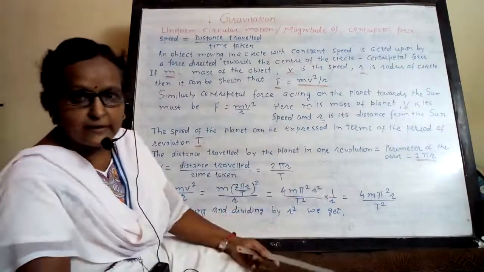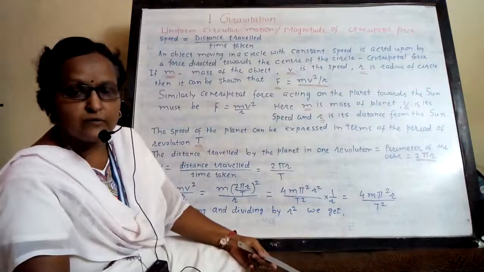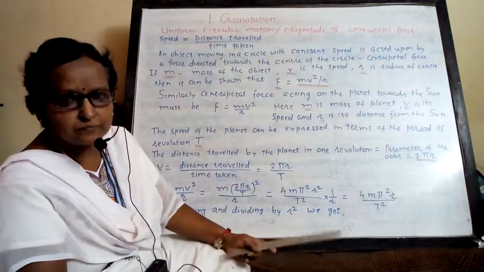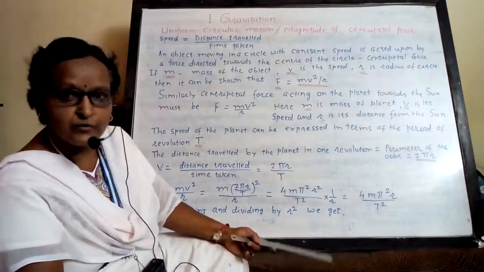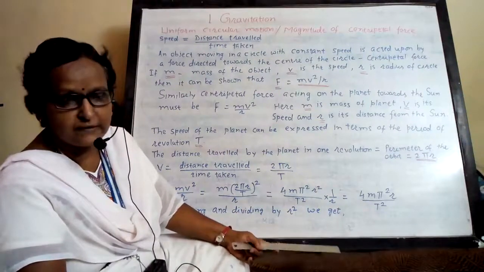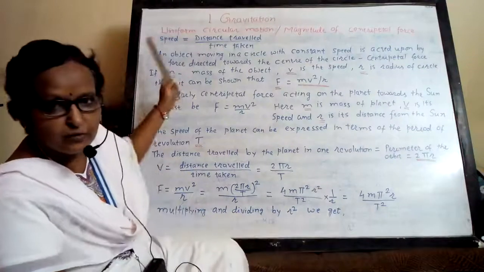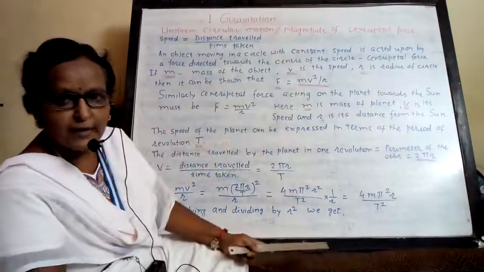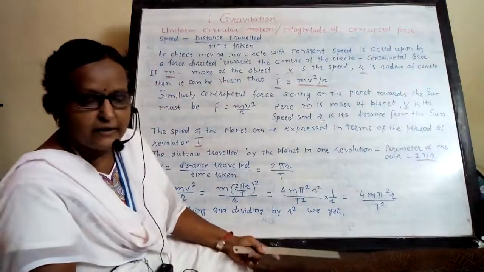Last year we studied Newton's laws of motion, Newton's law of gravitation, and equations of motion. We also studied speed is equal to distance travelled upon time, velocity is equal to displacement upon time.